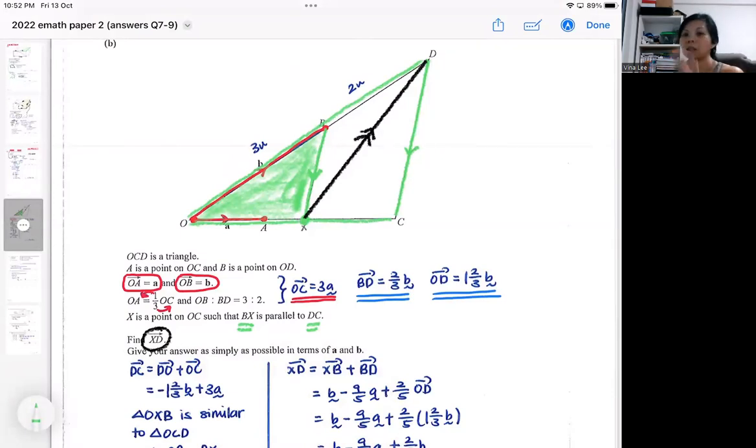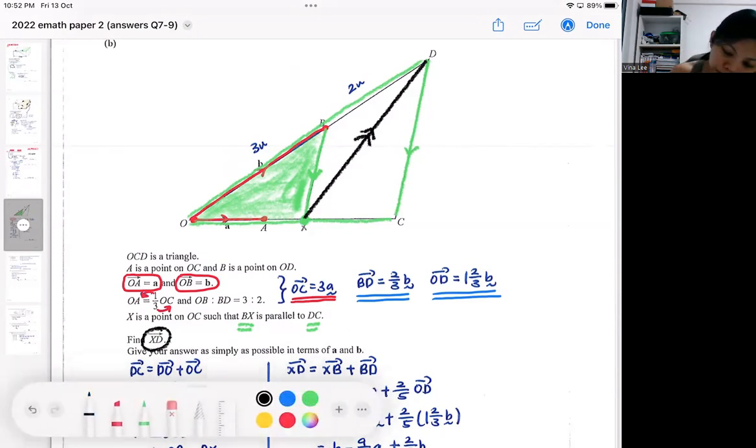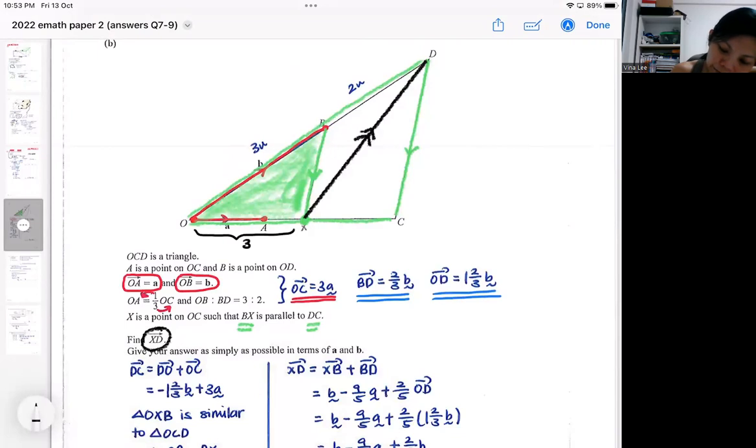If you can see that it's a similar triangle, that means this will also be 3 units, and this will also be 2 units. That means the whole of OC will be divided into 5 units. So it helps that you can see that with the parallel line, you actually have a similar triangle. So you can do some planning first.